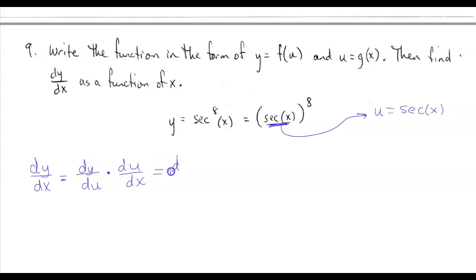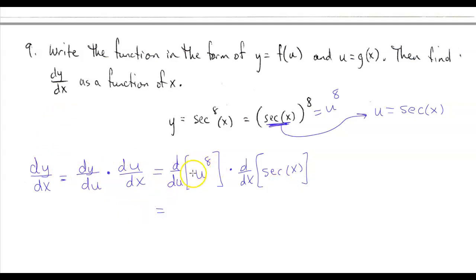So here, if I'm taking the derivative of this function here in terms of u, if I'm calling this u, then this looks like u raised to the 8. So here I'm taking a derivative of u raised to the 8 times, now what I want to do is take the derivative of what u is, which is secant in this case, and I want to take the derivative of that with respect to x.